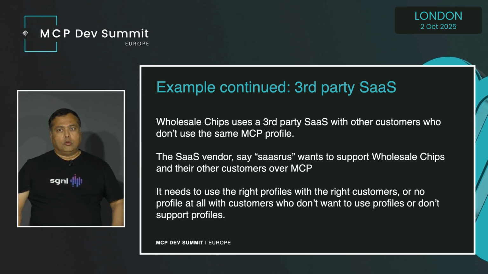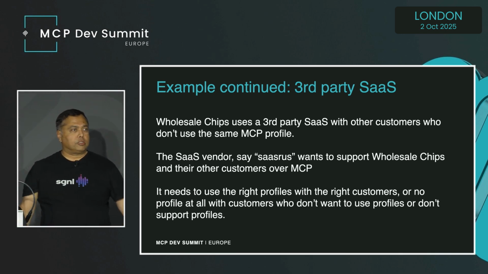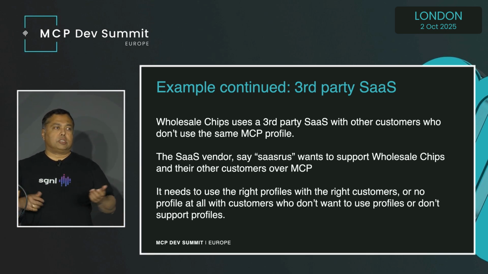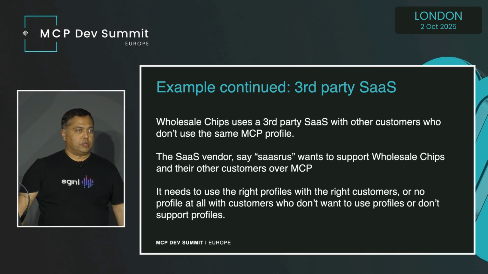And let's say wholesale chips is this giant company with trillions of dollars of market cap, and every SaaS service wants to work with them. They're going to say, okay, I want your business, and I'm going to support this particular profile.